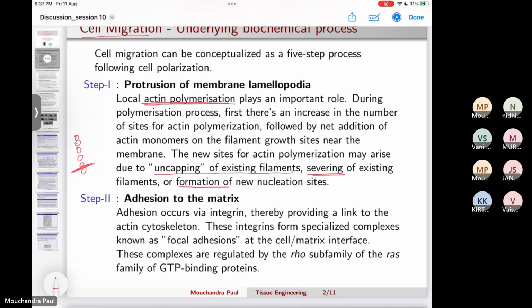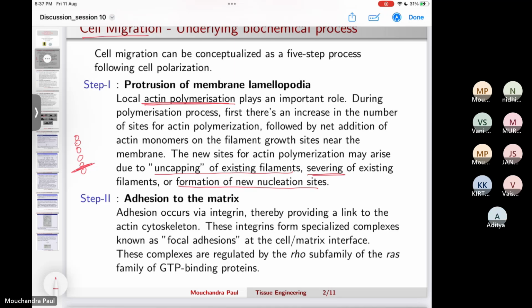Or completely new nucleation sites will generate, de novo, to which more and more actin monomers will bind and ultimately form an actin polymer chain. Because of this actin polymer chain, the membrane lamellipodia structure is formed by the cell.